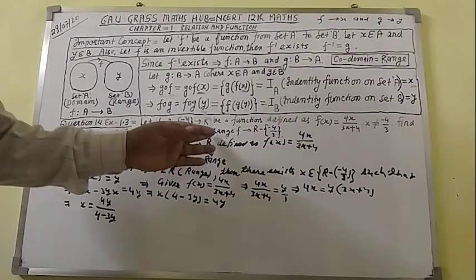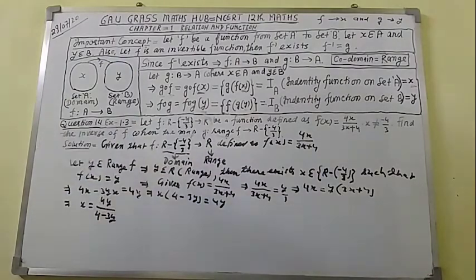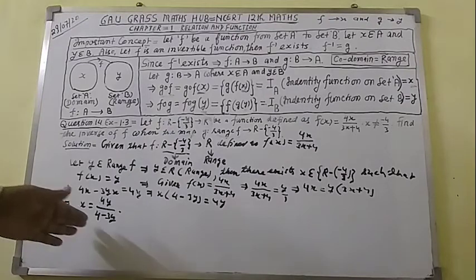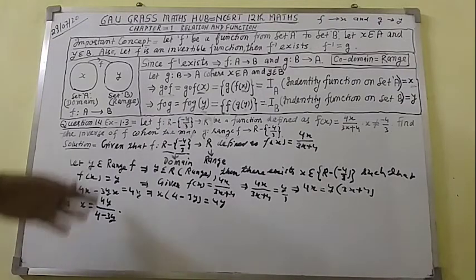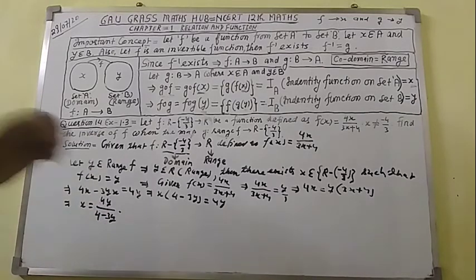Now what does he say? g is from range f equal to this one, to the value of x you have got here. So now what will we do here? This is the value of f inverse, 4y whole over 4 minus 3y.